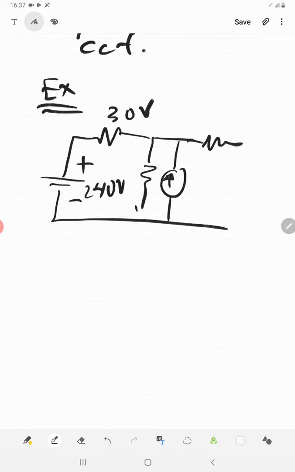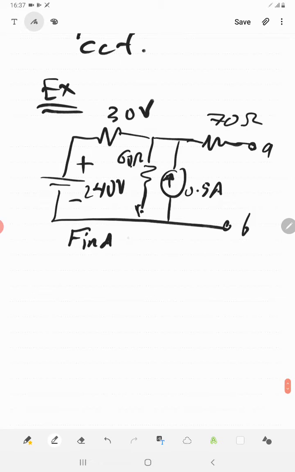Let's have a current source here, 60 ohms, same values. Let's have 0.5 amps. Let's have here a 70 ohms. This is A and this is B. So determine or find Thevenin's equivalent circuit.